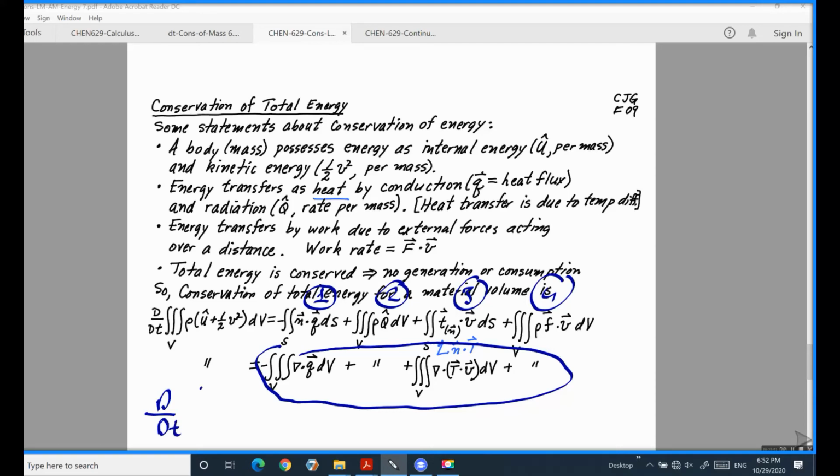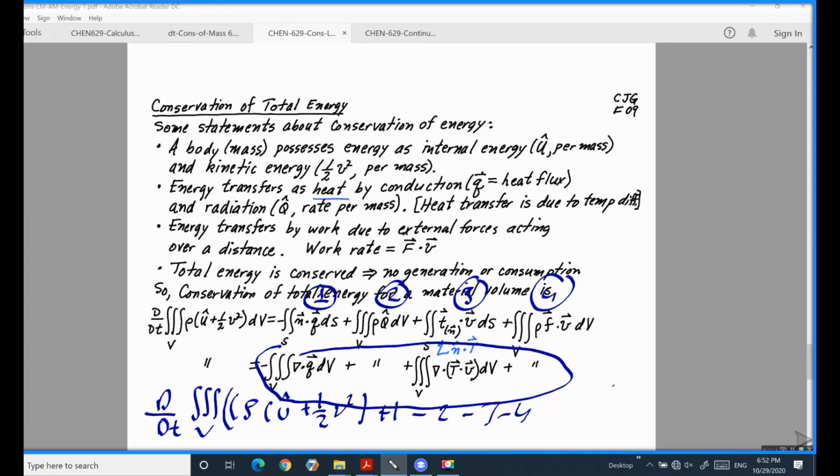The d over dt we just put here. I just obtain 1 over 2 v squared, minus, this actually is going to be plus 1 minus 2 minus 3 minus 4.